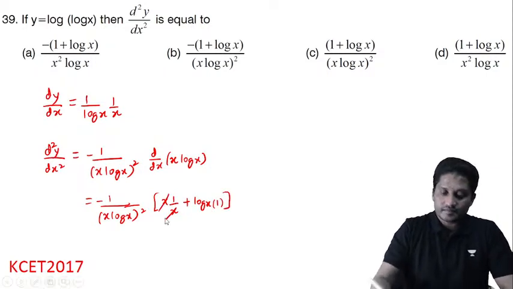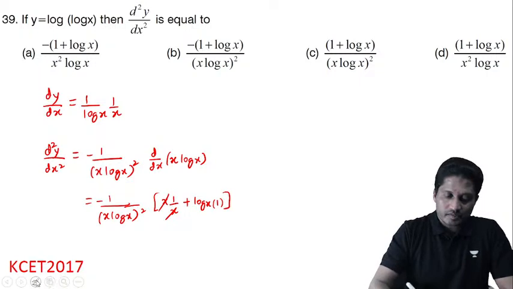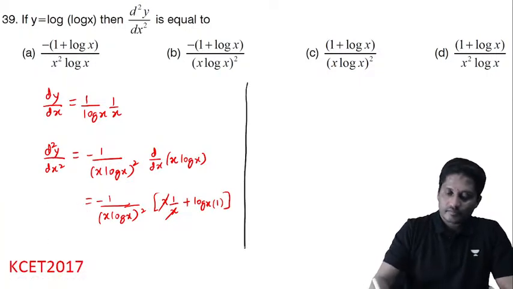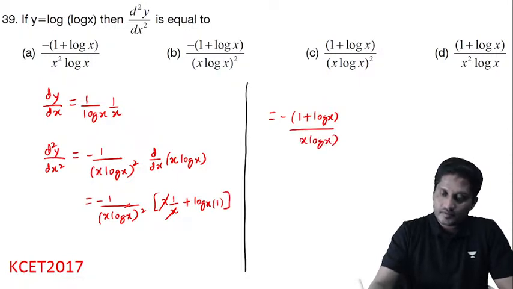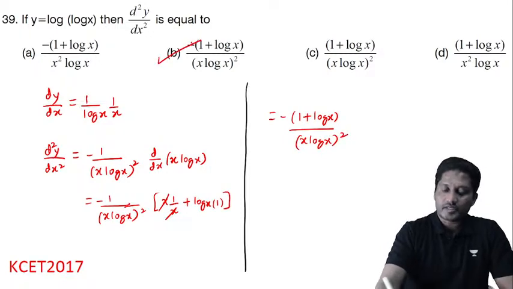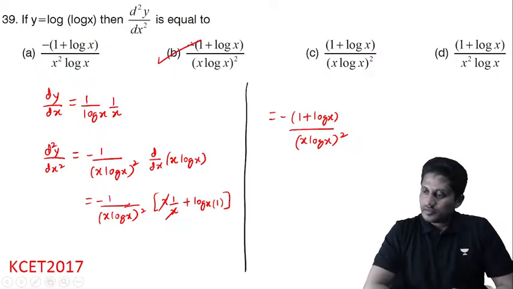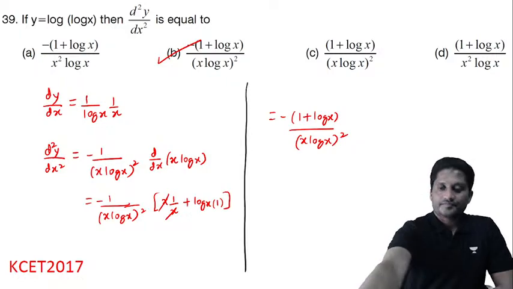Below will cancel. So this becomes minus of 1 plus log x upon x log x the whole square. Right, answer is option B. Let's move to the next question.